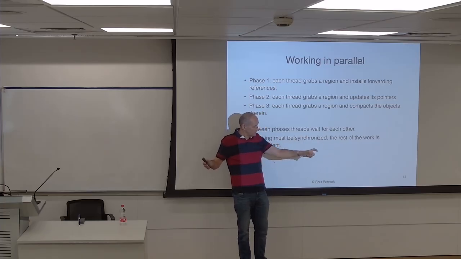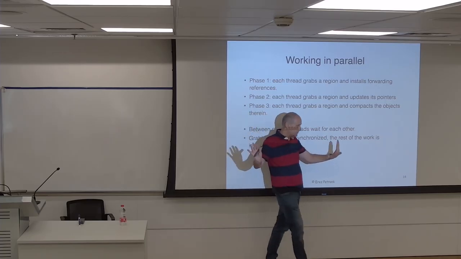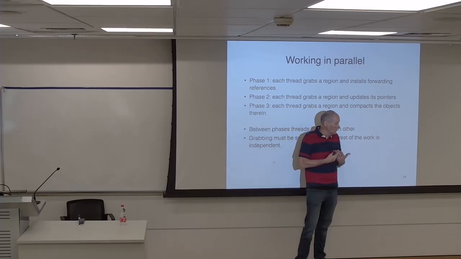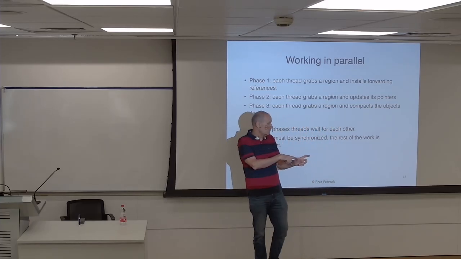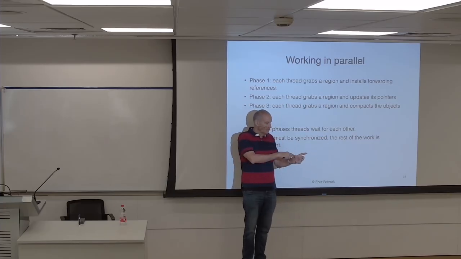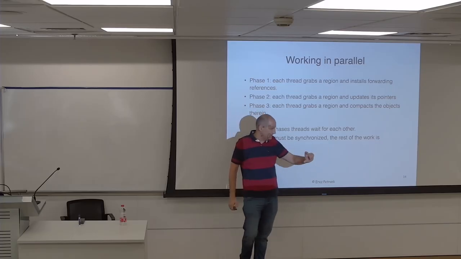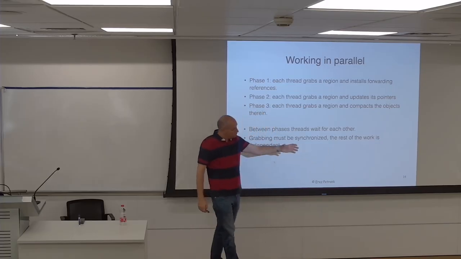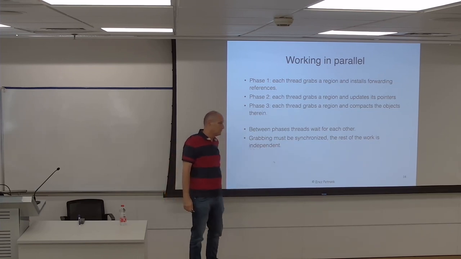It moved within its area, but I have to point to it. I cannot point to something else that's within my area. I need to keep the semantics of the program. I need the program to behave the same. And so the pointer should point to the same object. If I'm pointing to an object in another area, the pointer will still point to an object in the same area, but in a different location because it moves within the area.